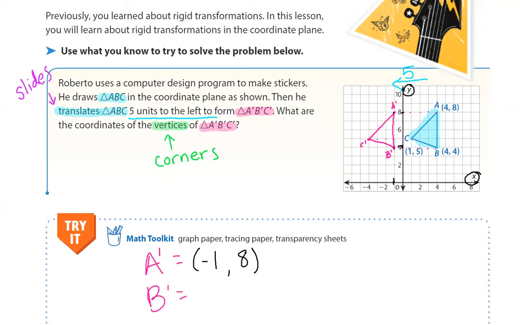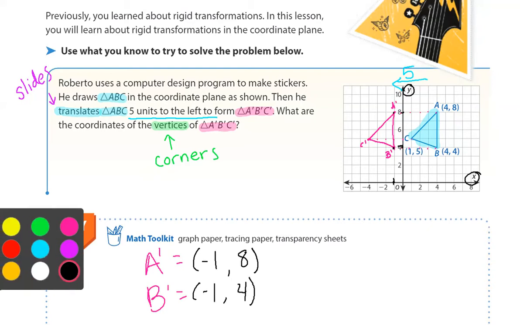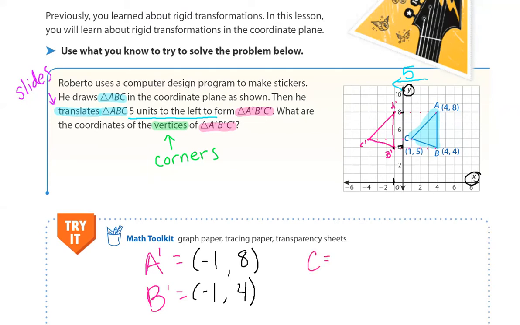So -1, +4 for B prime. And then for C prime, it is at -4, and then it's at +5. There we go, and that is the whole thing.